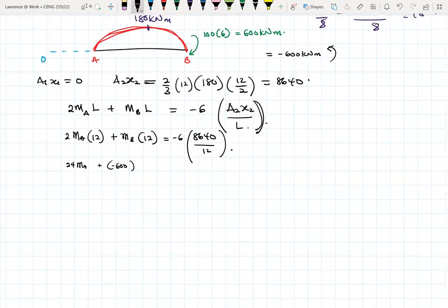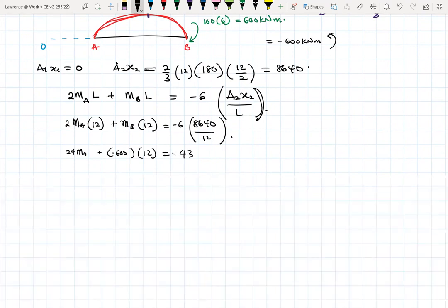Let me see if I can do the computation quickly. The right side gives us minus 4320. So we can go ahead and still solve it. We get 24 MA minus 7200 equals minus 4320.